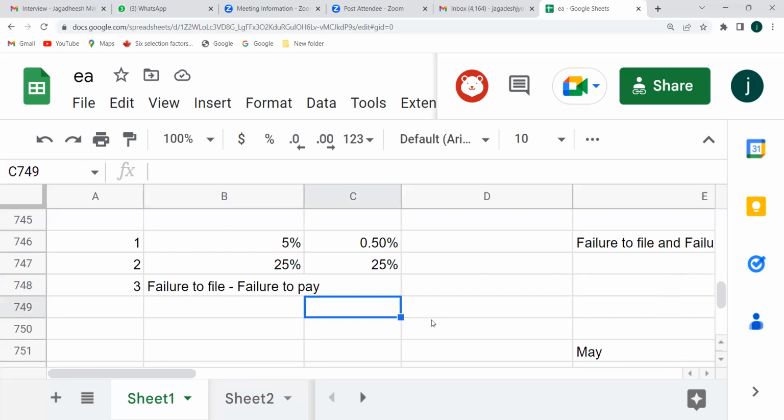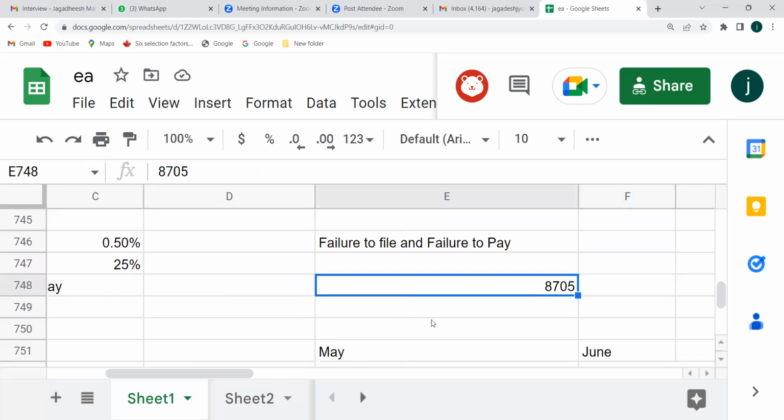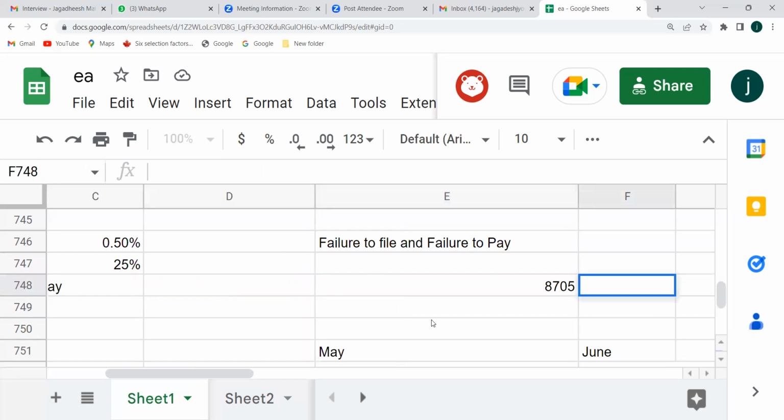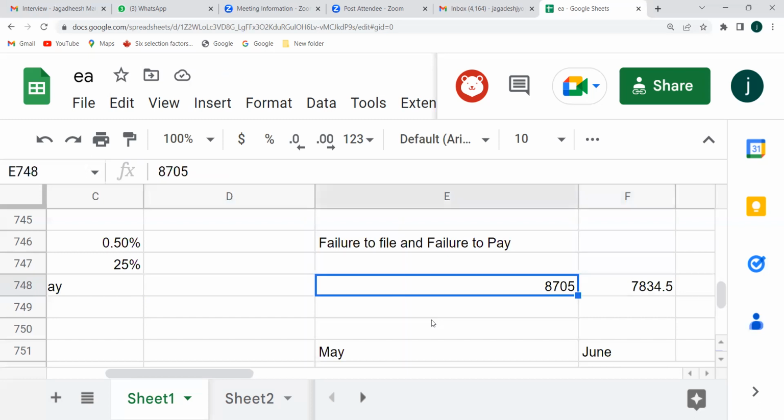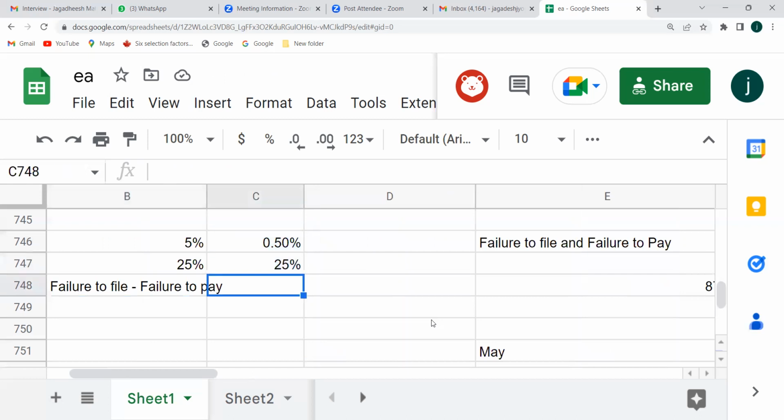So when can we avoid these penalties? You are supposed to pay 8705 now. So you have to pay at least 90% of this amount. If you are paying 7834 before 15th April, then you can avoid this failure to pay penalty. So you should pay at least 90% of the dues, and you should take the extension before the due date.